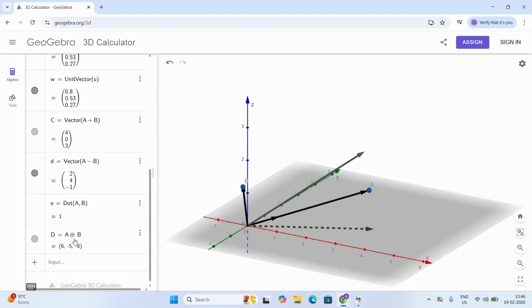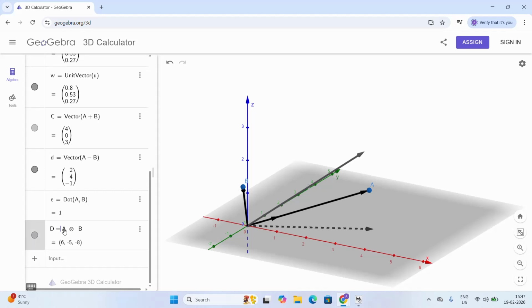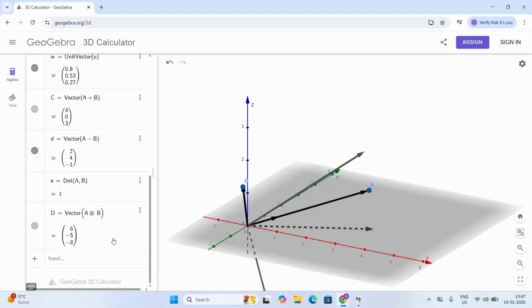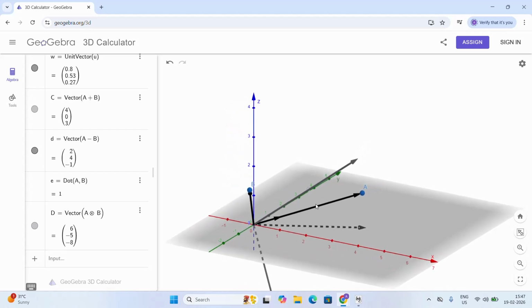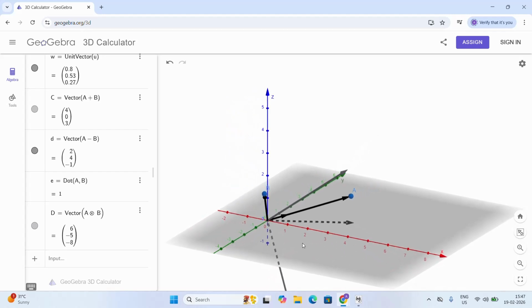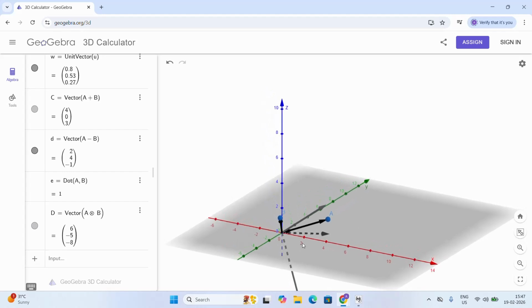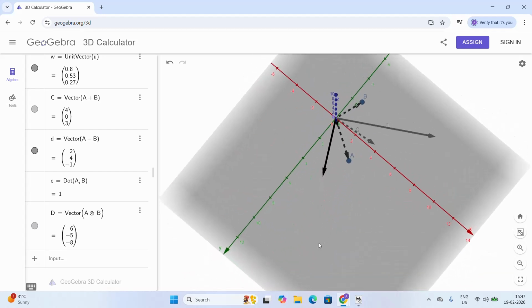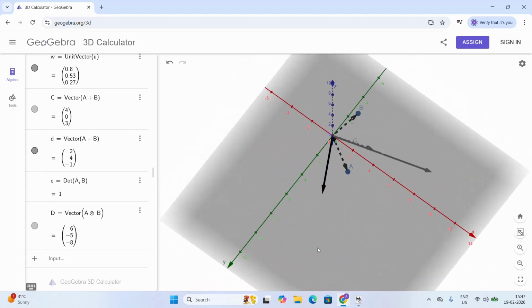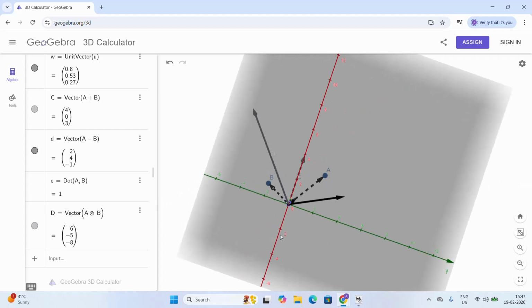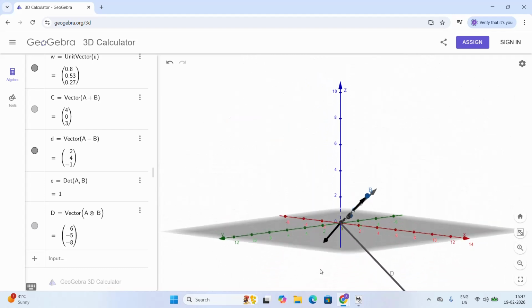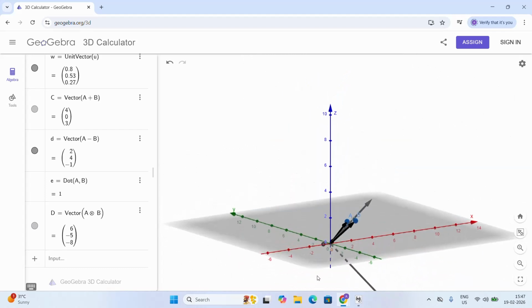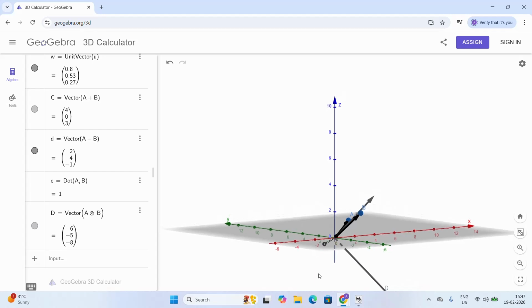Let me try to plot the vector for this. Vector D, if you see it in 3D space, will be perpendicular to both vectors A and B. It gives the perpendicular nature.